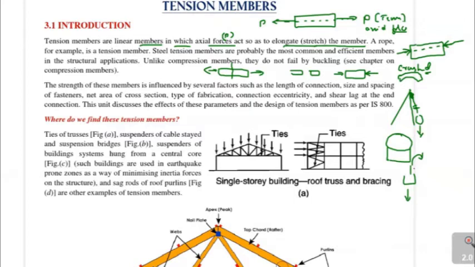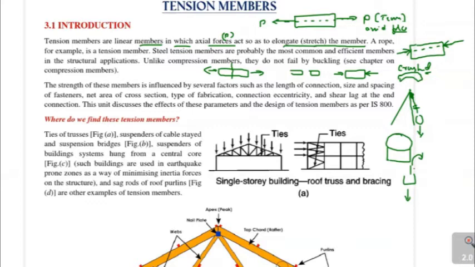You put the concrete cube in the compression testing machine. Since the cube is of smaller length, when you apply compressive force, it is going to fail by crushing. When the member is very large, a slender member, it is going to fail by buckling.